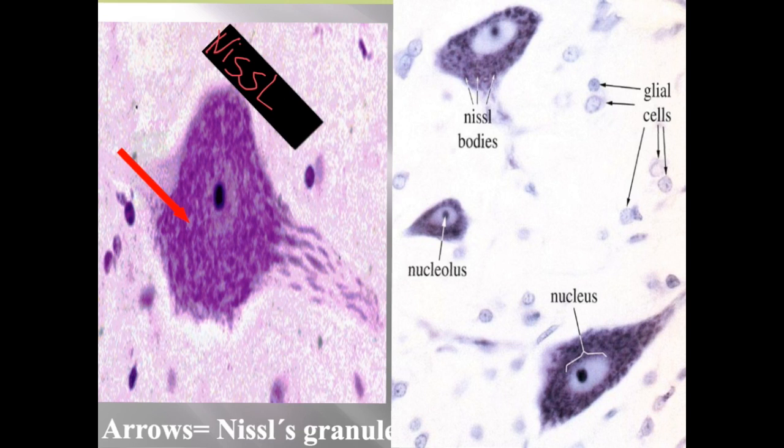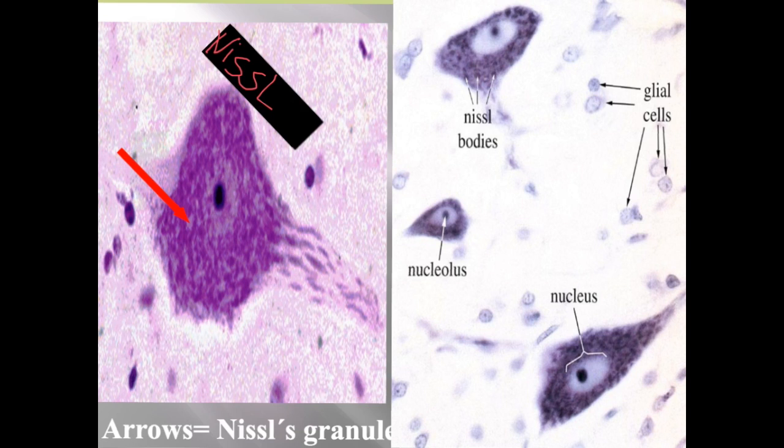These Nissl granules are free ribosomes in a focal type of arrangement, and you can also see them present in this part. So this part is a dendrite, because the Nissl granules are absent from the axon.